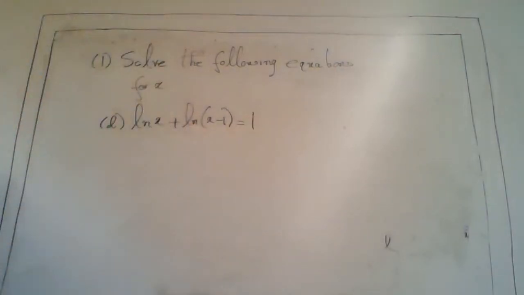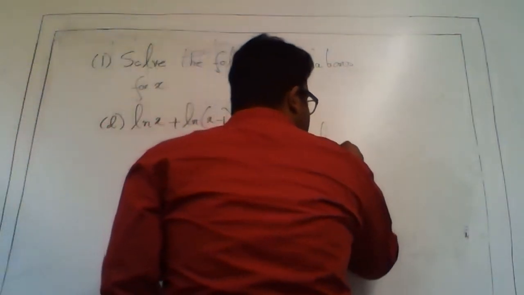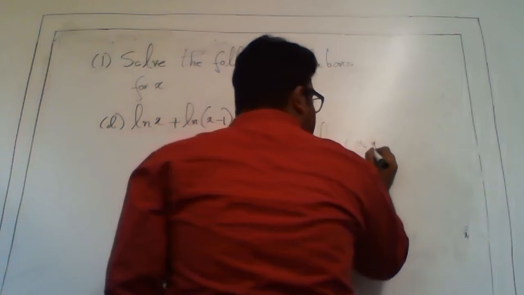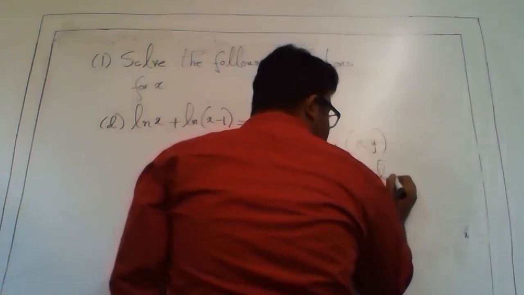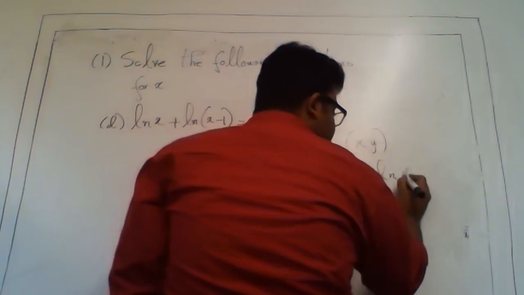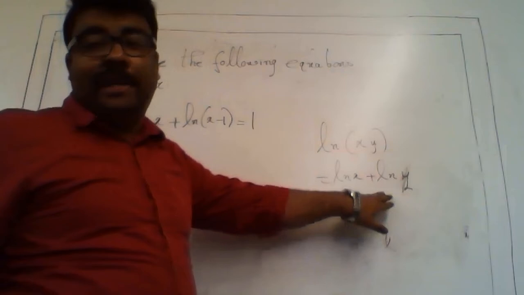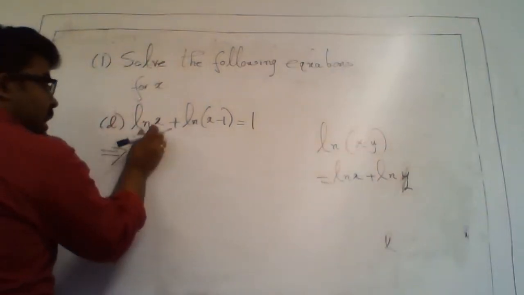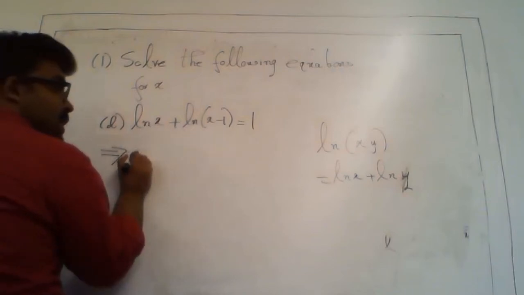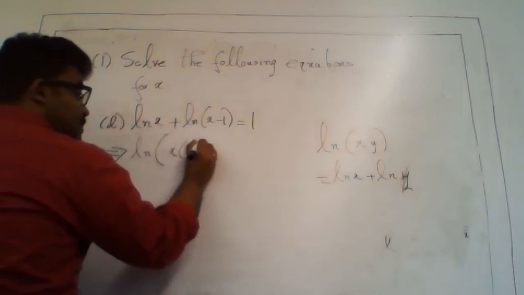To solve this equation, first we will have to use the property of ln, namely ln xy equals ln x plus ln y. Recall this property from my last lecture, that if I have ln x plus ln y, I can write this as ln xy. So using that, I can write ln x plus ln (x minus 1) as ln of x times (x minus 1).